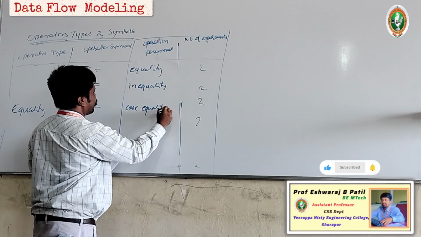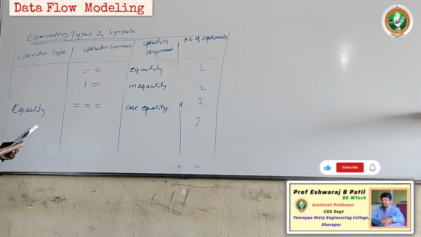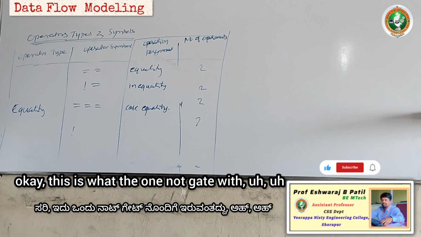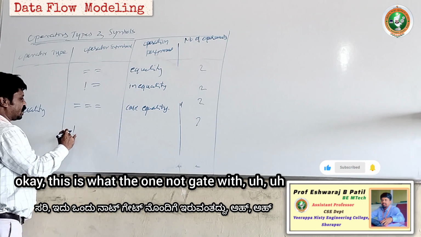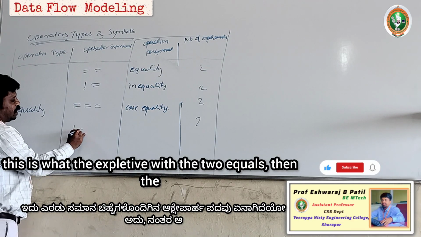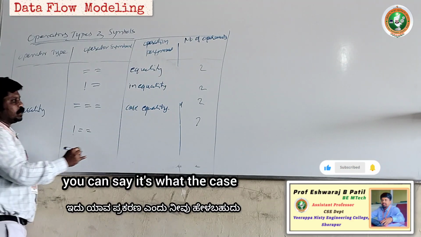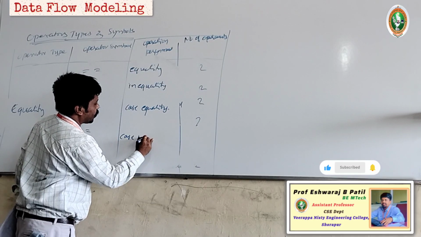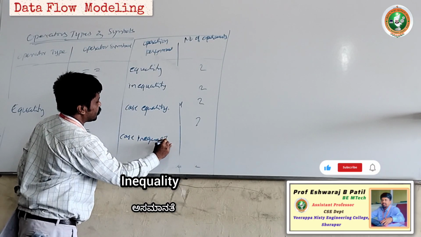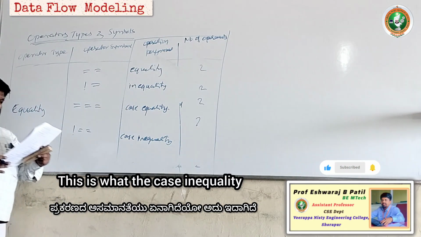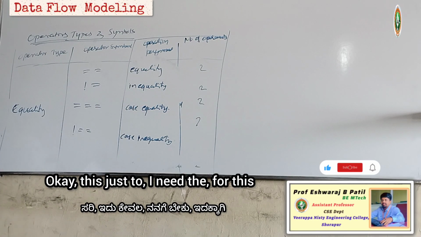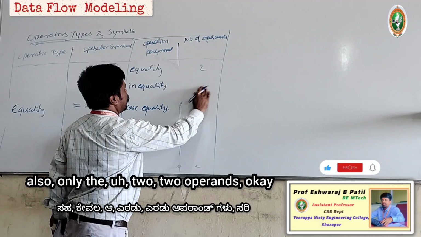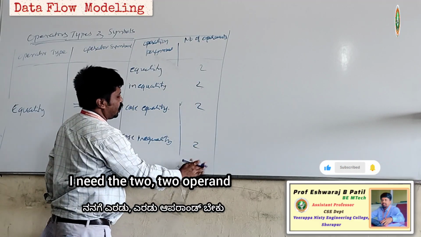And if I use the NOT symbol, the exclamation mark, with two equals, then it is the case inequality. For all of these I need two operands.